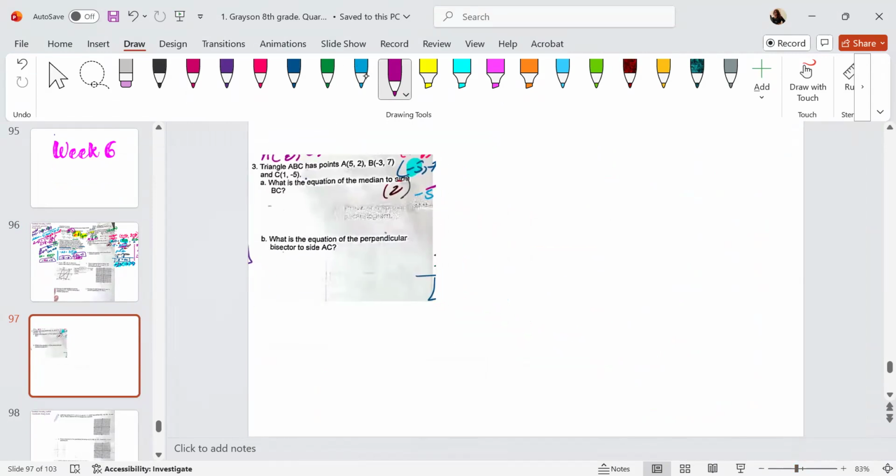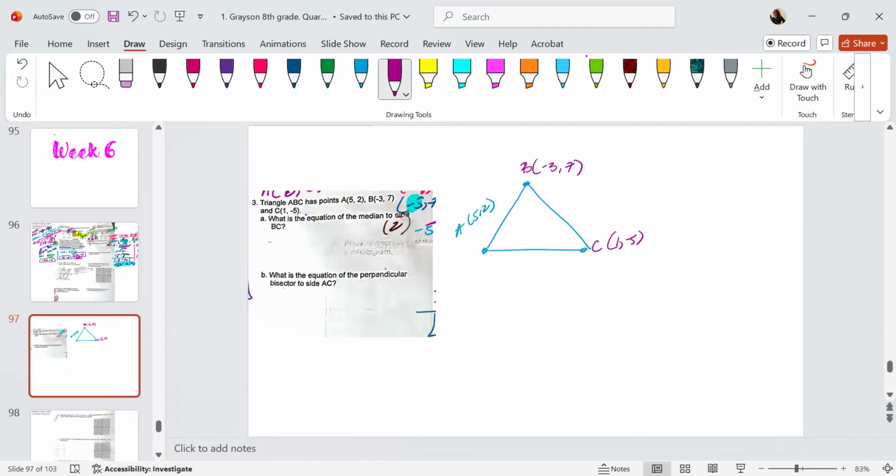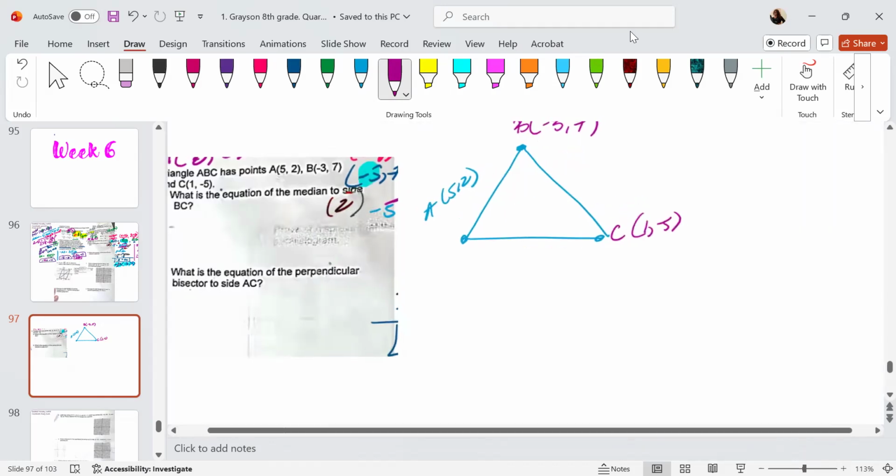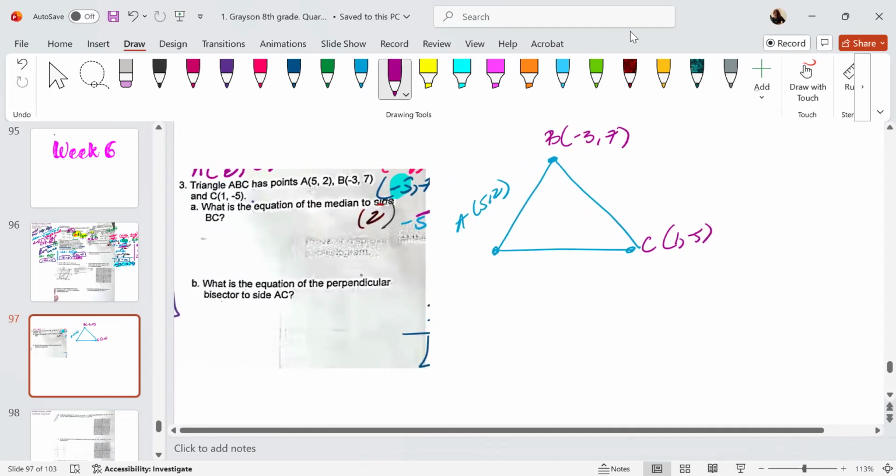So first thing you're gonna do, draw the triangle. What is the equation of the median to the side of BC?